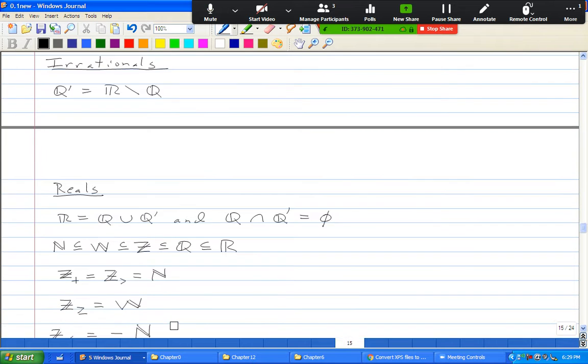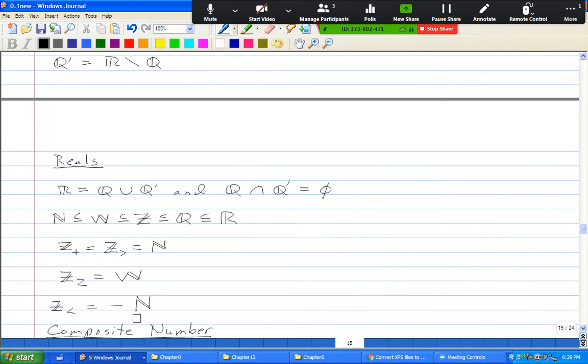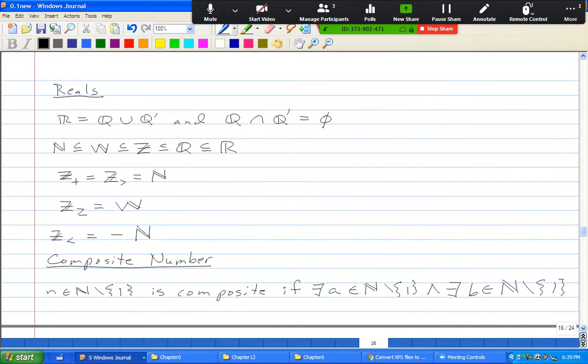It's just the natural numbers. The integers which are greater than or equal to 0 are just the whole numbers. The integers with a subscript of less than are the negative natural numbers, the negative integers.